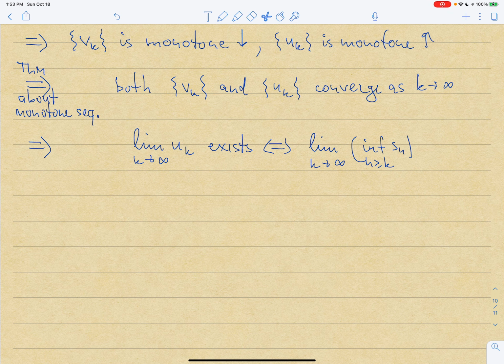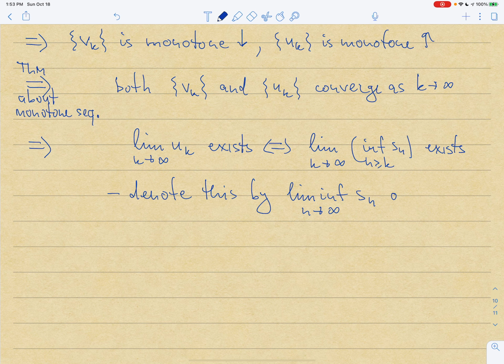And I'm going to denote this by just combining limit and infimum and saying lim inf as n goes to infinity of Sn, or lim with underscore, n goes to infinity of Sn.